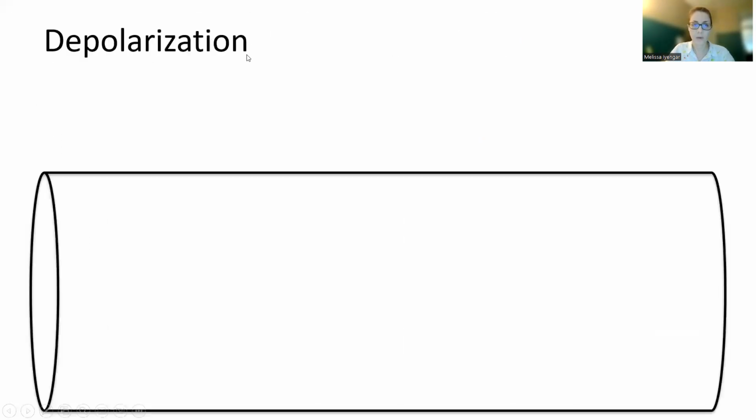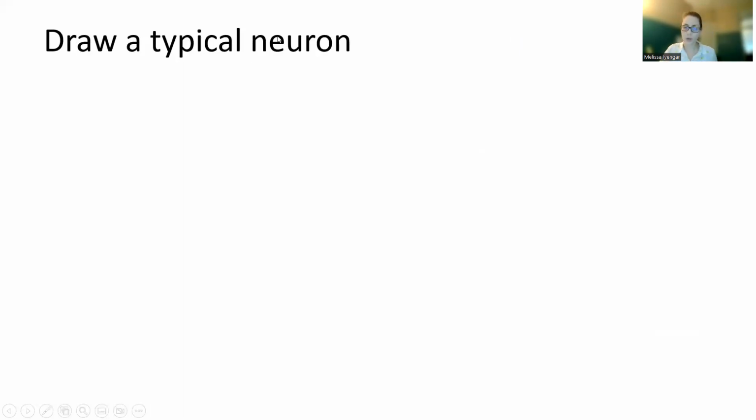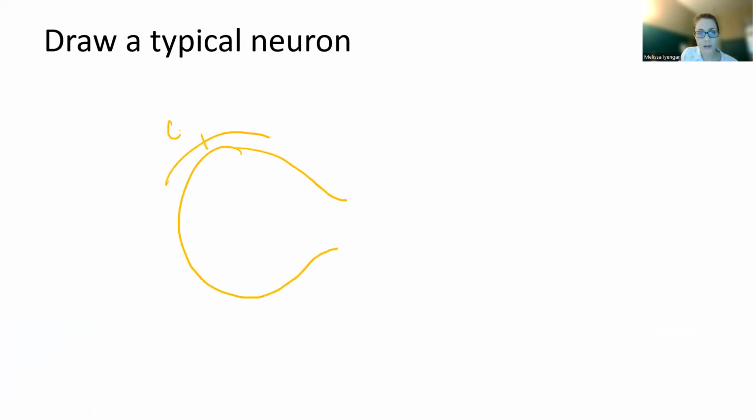Okay, let's go back and we're going to start with how to draw a typical neuron. And I might collapse my video here if it starts to get in the way. So the first thing I want to draw out is a typical neuron. We're going to start with a roundish area. And remember that roundish area is the cell body.